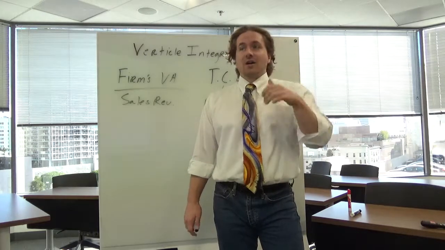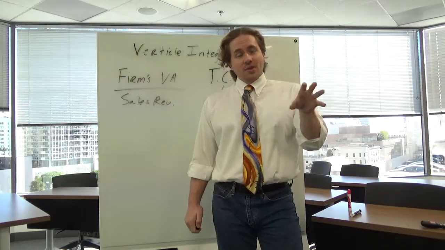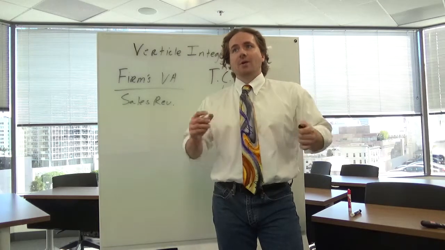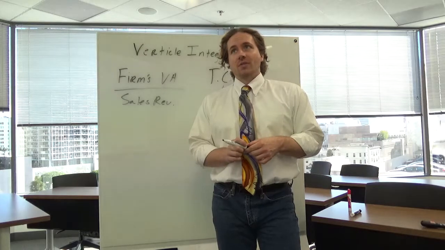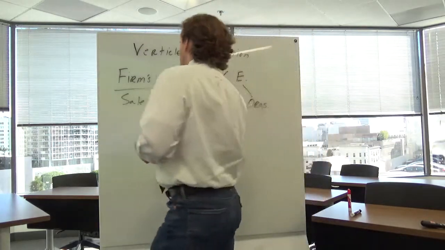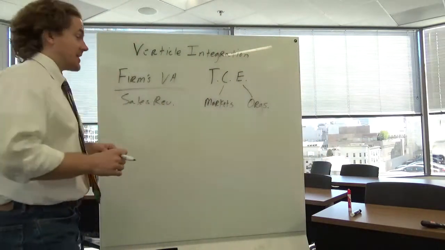So how much does it cost to organize activities within a firm versus how much does it cost to coordinate activities within a firm? So think of it like this.